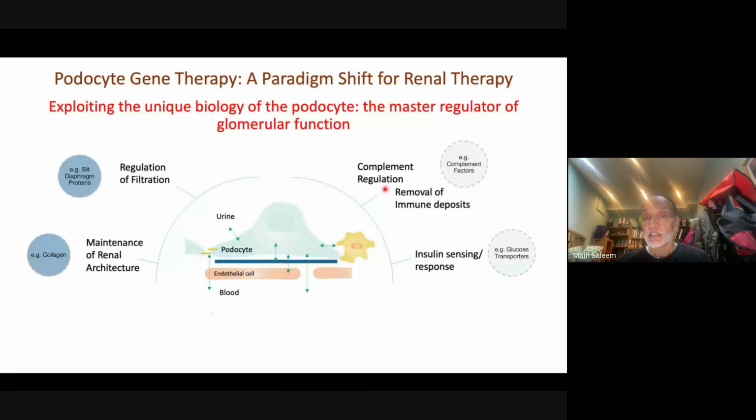It actually regulates the immune environment within the glomerulus. So we know that the podocyte produces lots of complement regulators, for example, and can remove immune deposits. And it has a key insulin sensing response. And this is really important because it's one of the few cells in the body that's directly insulin sensitive. And that could be absolutely crucial in the development of diabetic nephropathy, which is the commonest cause of renal failure worldwide.